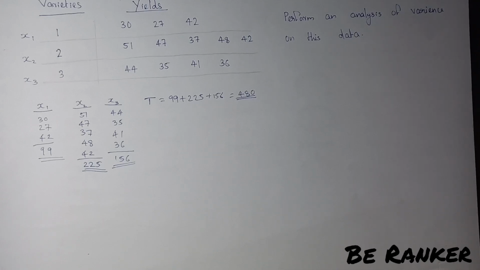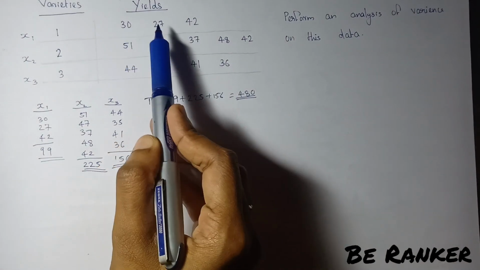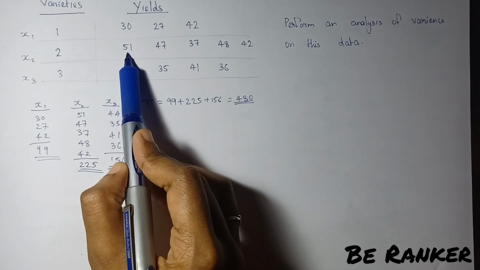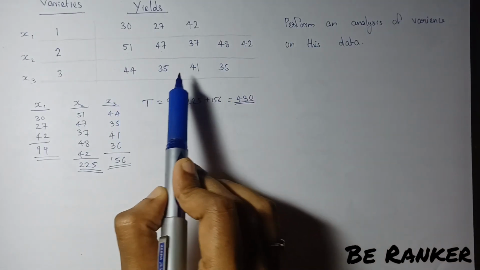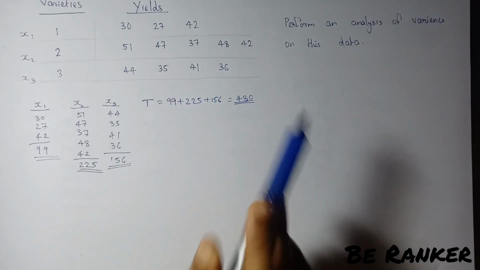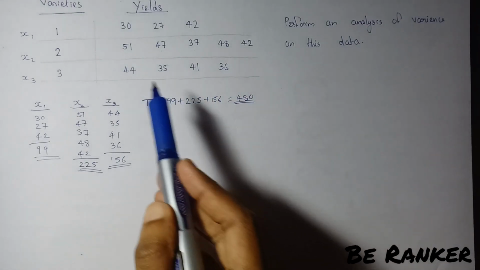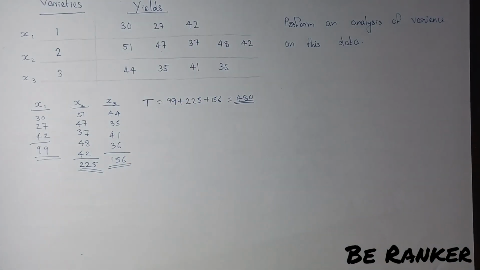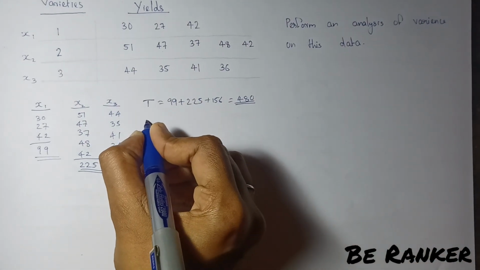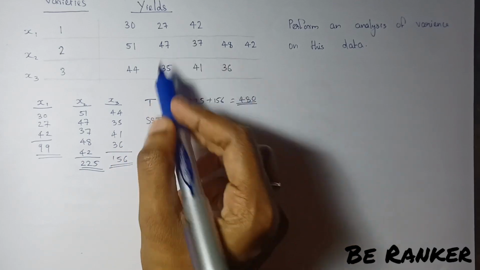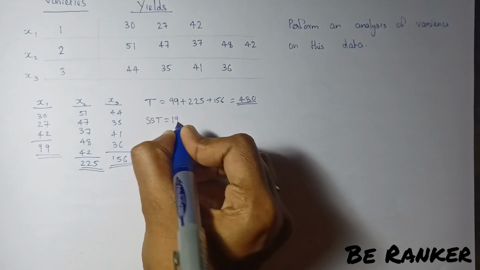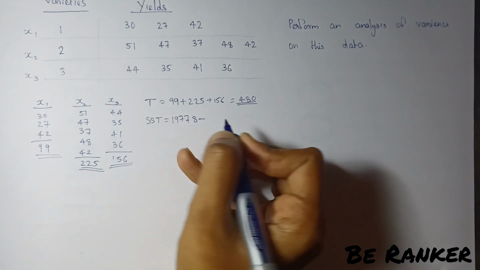SST is the sum of squares of all observations minus T square by N. The sum of squares of all observations is 30 square plus 27 square plus 42 square plus 51 square plus 47 square plus 37 square plus 48 square plus 42 square plus 44 square plus 35 square plus 41 square plus 36 square. That is 19778, minus T square by N.